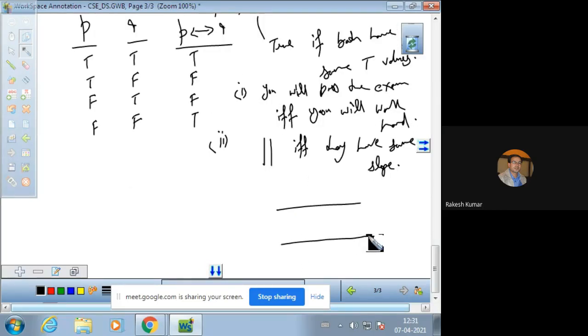This is the line and this is the second line. The first line is L1 and the second line is L2 and both have same slope. So that is why the lines are parallel. So both sides same truth values हैं. और अगर slope same नहीं है तो फिर parallel नहीं होएंगी. So this is the meaning of a biconditional statement.